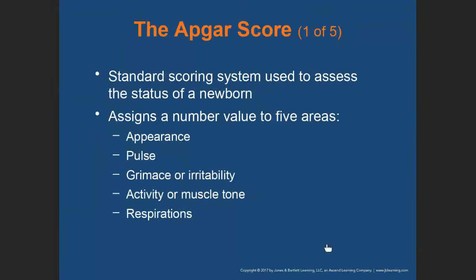The APGAR score, a standard scoring system used to assess the status of the newborn, assigns a number value to 5 areas: appearance, pulse, grimace or irritability, activity or muscle tone, and respiration. The max they can get is 10, and they shouldn't get less than 7.